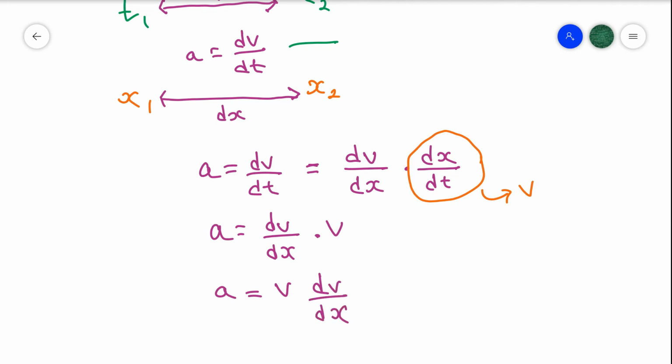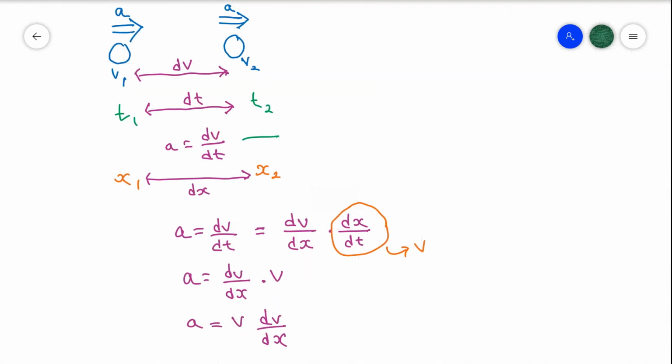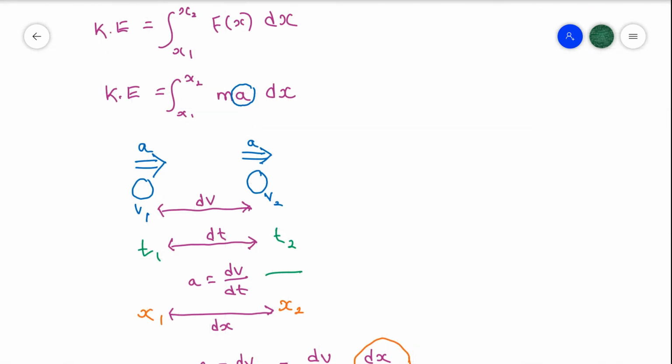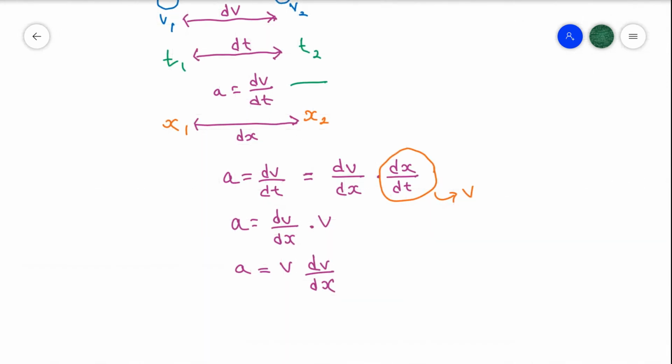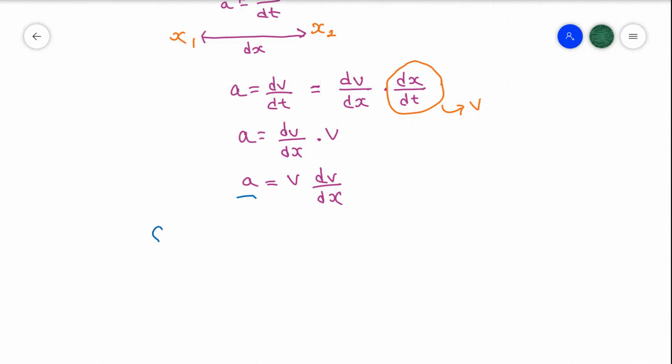So now if you compare our earlier integral, kinetic energy is the integral from x1 to x2 of ma dx, and I have an expression for acceleration which I can substitute there, right? So substituting, we have our kinetic energy equal to the integral from x1 to x2 of ma dx.